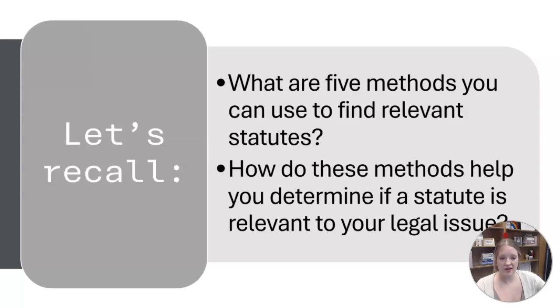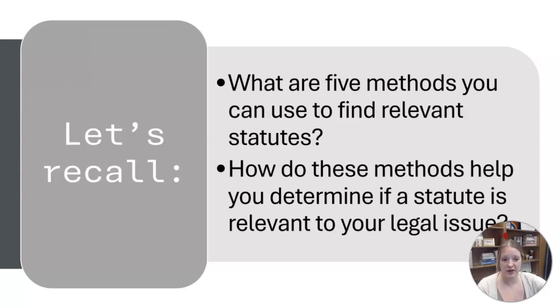So those are our 5 methods. Our 5th method was advanced searching. So we want to use these tools where we can: popular name table, index, browsing the table of contents, but we also have the option to use advanced searching to build a keyword search, to use some of those Boolean terms and connectors to build a more successful query, where we have an understanding of how that database will read that query.